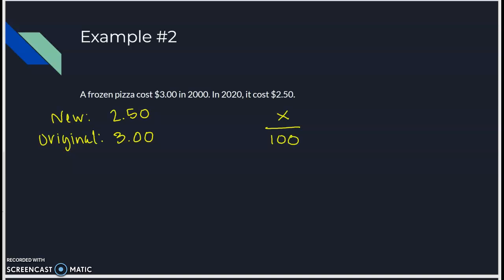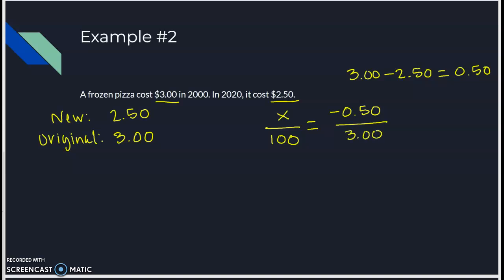So we have x over 100. Then we need our change. So we have $3 minus $2.50. That's a 50-cent change. And since we decreased in cost, it's a negative 50-cent change. And we put that over our original price, which was $3. And then we cross multiply.